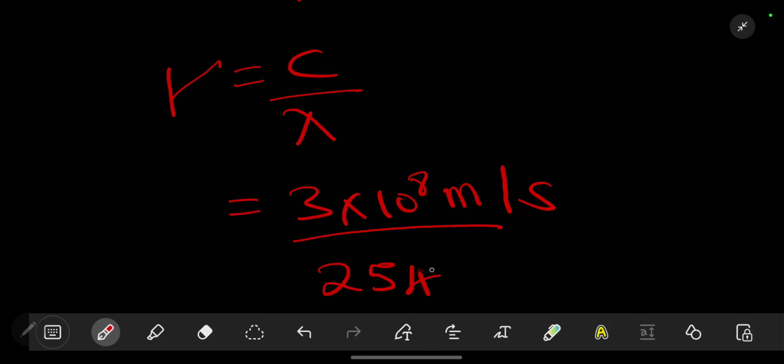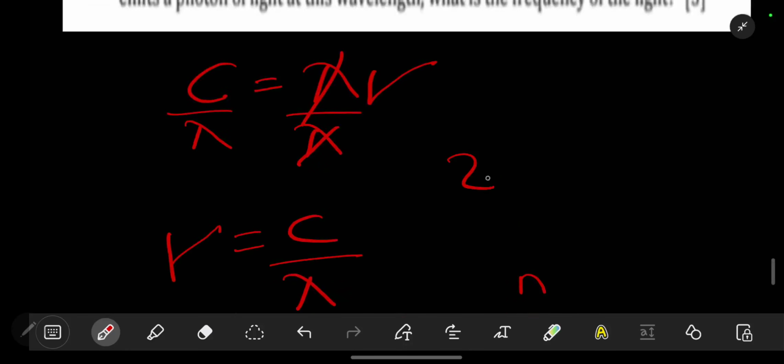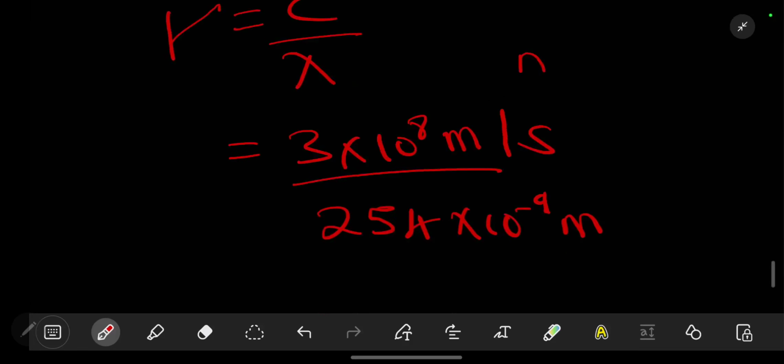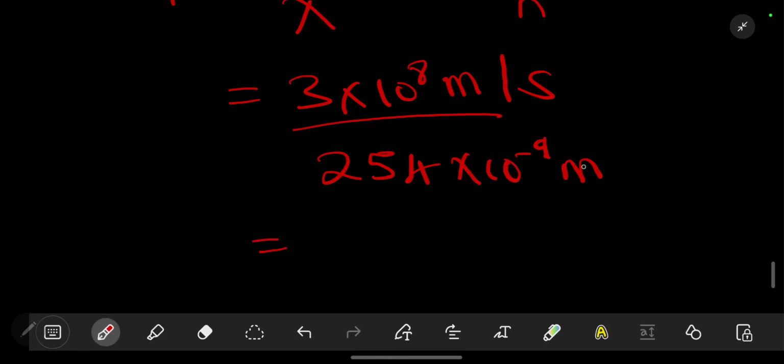Where you see nano, it is 10 to the power negative 9. Instead of writing 254 nanometers, where there is nano, we put 10 to the power negative 9. That means we have converted to meters. So meters cancel, then we just do the math.